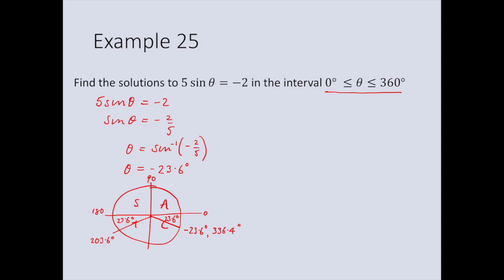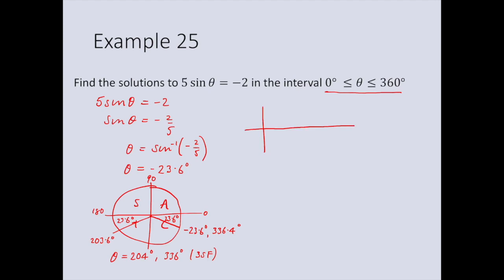Now, we'd be better off rounding our angle values to 3 significant figures. So we would get theta equals 204 degrees and 336 degrees to 3 significant figures. So that's how you do it using the unit circle.